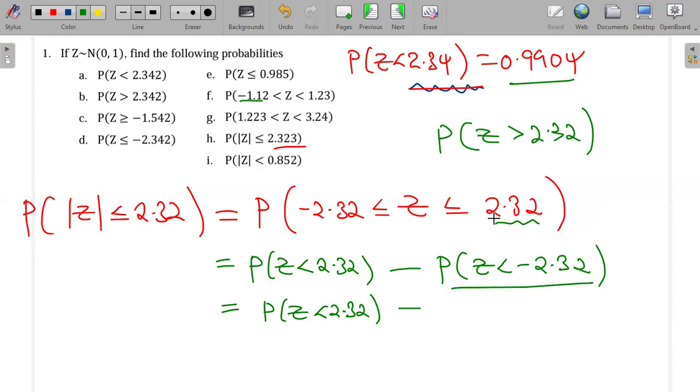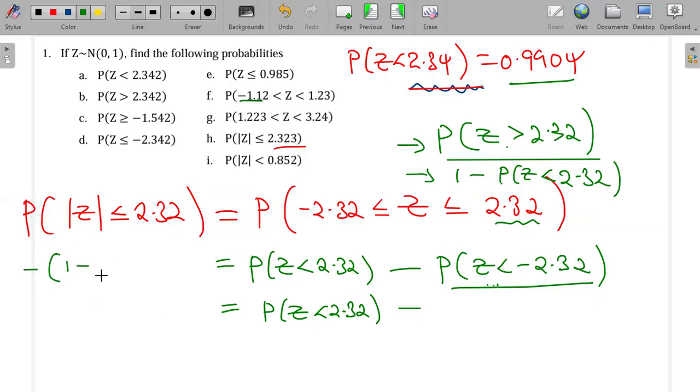And if I have a greater than, I can use the complement rule to write this as 1 minus the probability that z is less than 2.32. So these are all ways in which we can write one thing. Remember I have a minus outside this one, and this now has become 1 minus the probability that z is less than 2.32.